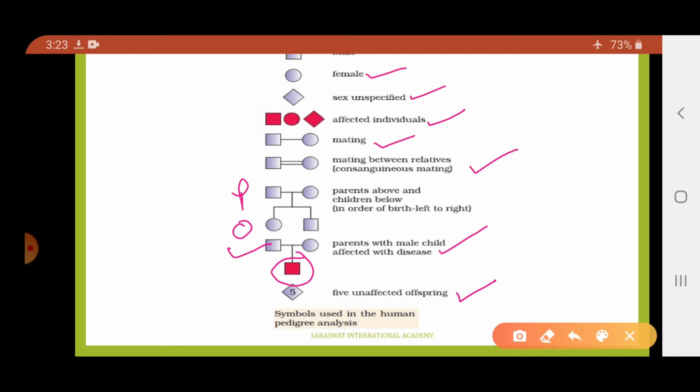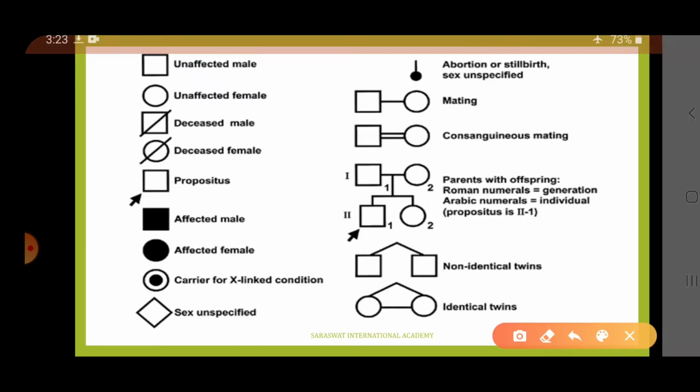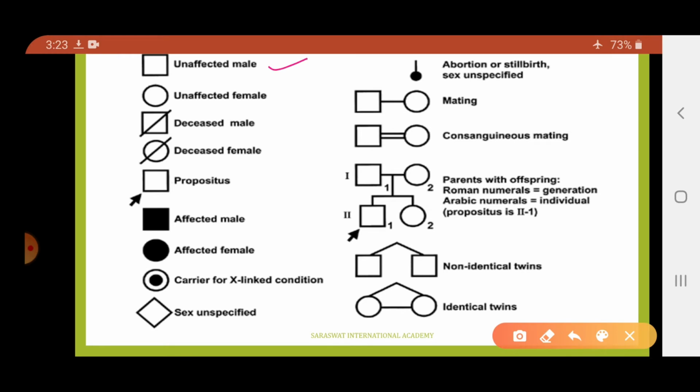If it is 5, it indicates that there are 5 unaffected offspring. See students, these are some other symbols. This is an unaffected male, and the unshaded circle means unaffected female. Now these two symbols, the circle and the square with a slash through them, indicate the deceased male and female, that is, they are dead.